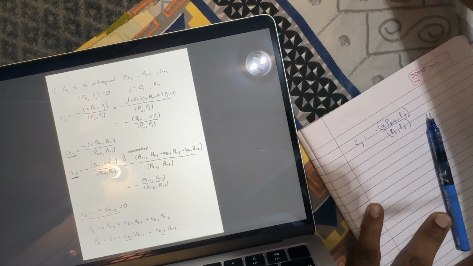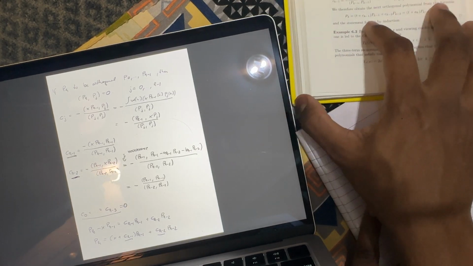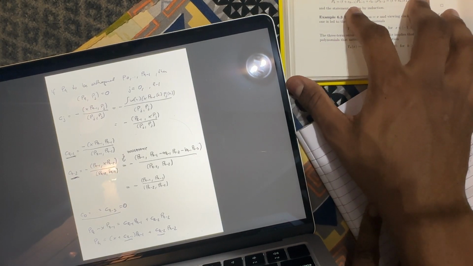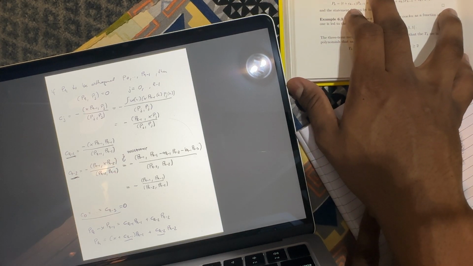And how did he prove that all of these are 0 then? This implies that C0 is 0, up to Ck minus 3 is 0. Why does this imply that?